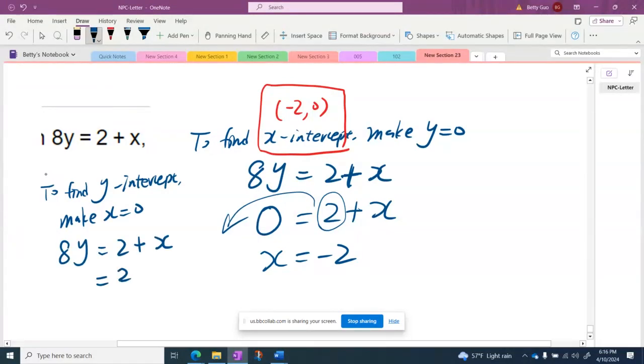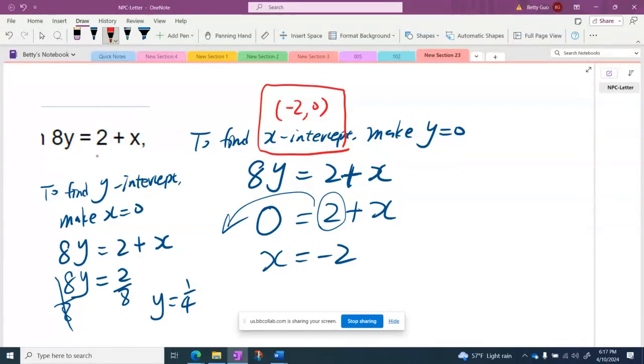We make x be 0, so the right-hand side only has a 2. 2 plus 0 is just a 2, right? So we don't have to write a plus 0 here. And on the left side, we have 8y. Solve the equation for y. Divide each side by 8. And we have y equals 2 over 8. That is 1 over 4. So the y-intercept is 0, 1 over 4.